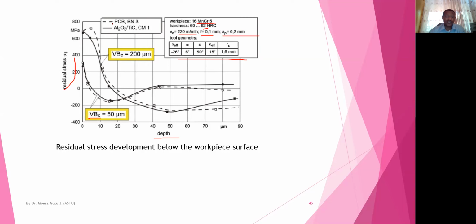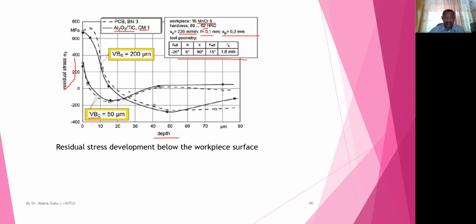So there are several cutting tool materials: polycrystalline cubic boron nitride tools, alumina combined with titanium carbide, and ceramic matrix materials. For all materials, the level of residual stress is decreasing as the depth increases.